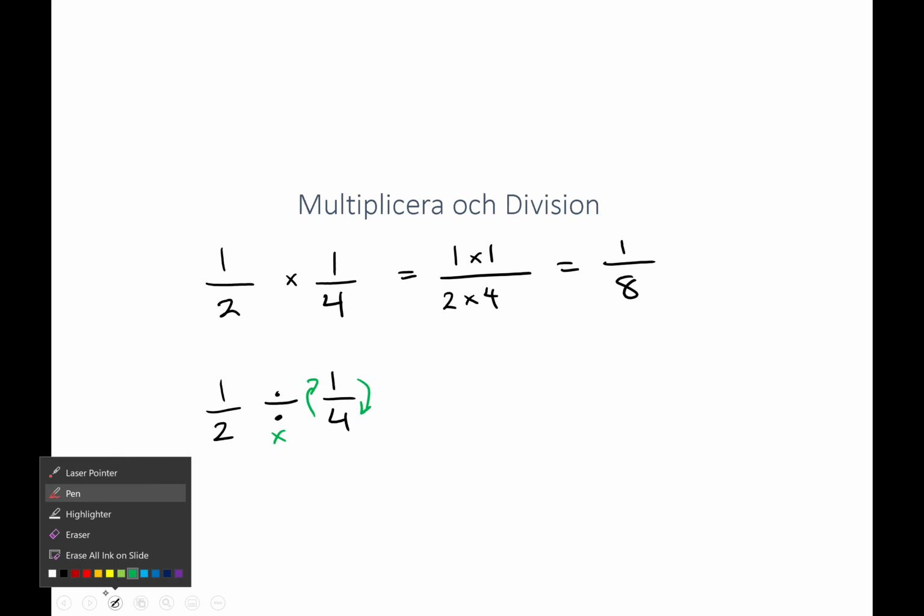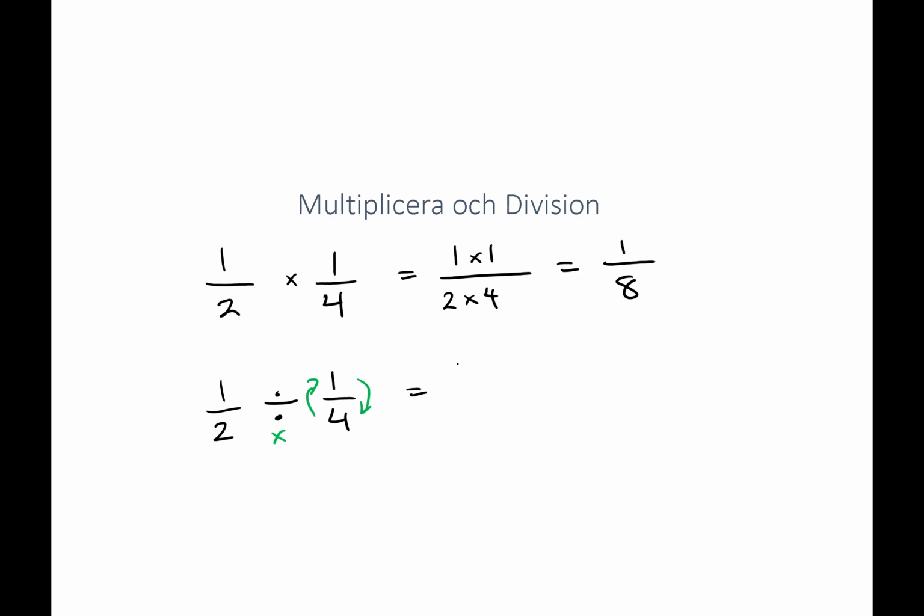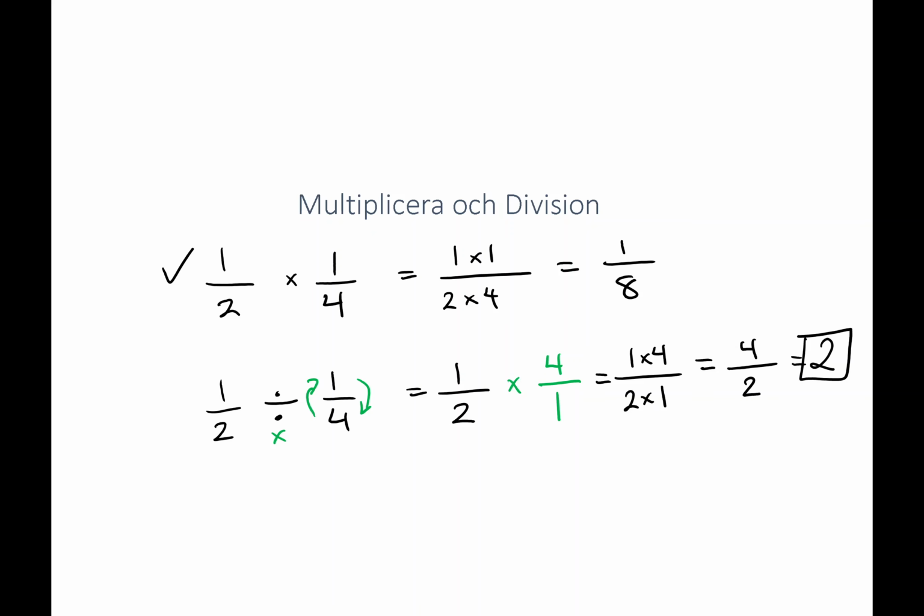Take a look. Keep the first fraction the same. You're going to multiply, and then you're going to write this fraction upside down. And since we know how to multiply fractions, we can use our strategy that we learned here to finish the question. Our answer is 2. This is multiplying and dividing fractions.